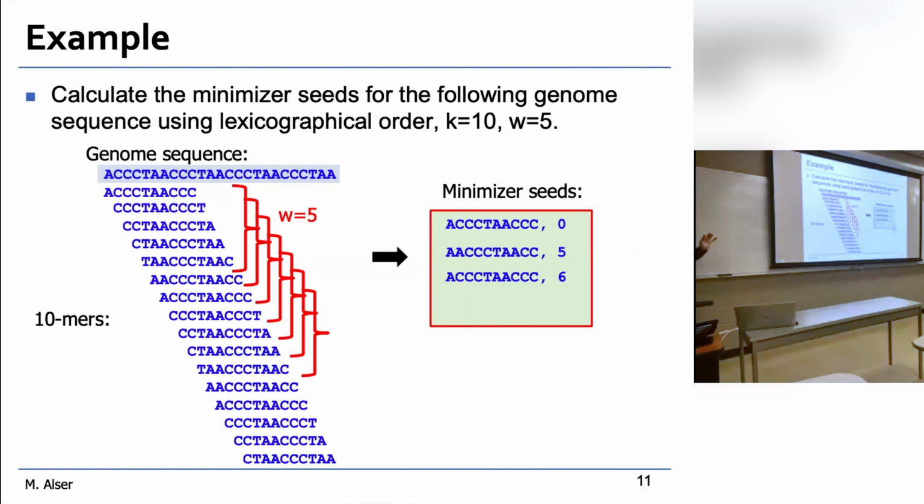However, it's still very hard to count the number of minimizer seeds that you would get. It's still very hard to predict a lower bound on the number of minimizer seeds that you would get. In some cases, you would get a single seed per window.